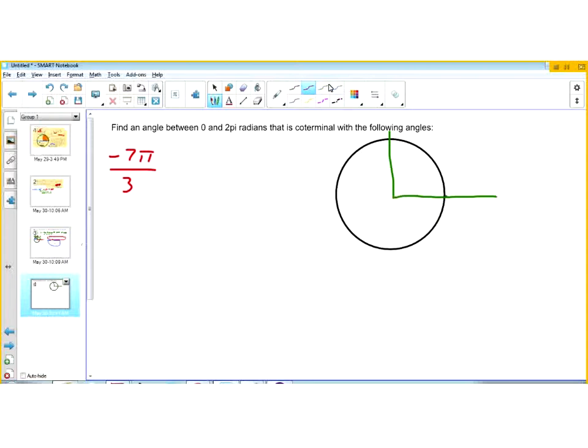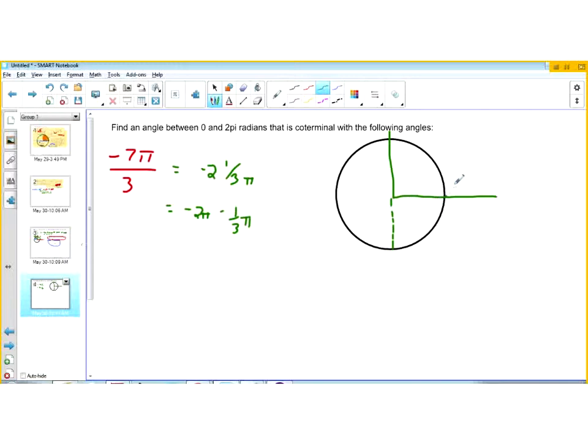We know negative 7 pi over 3 is equal to negative 2 and 1/3 pi, which is equal to negative 2 pi minus 1/3 pi.